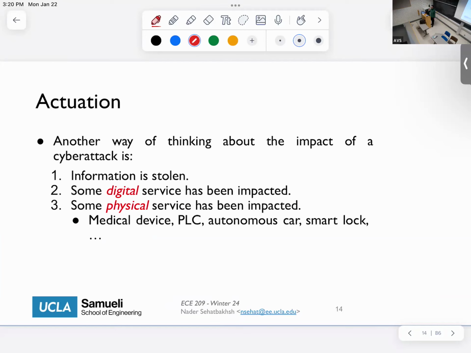For example, think about an autonomous driving car. If an adversary managed to hack into the system and change the outcome, they can cause a crash or cause another system to fail as well. So you will see the physical impacts on the environment.